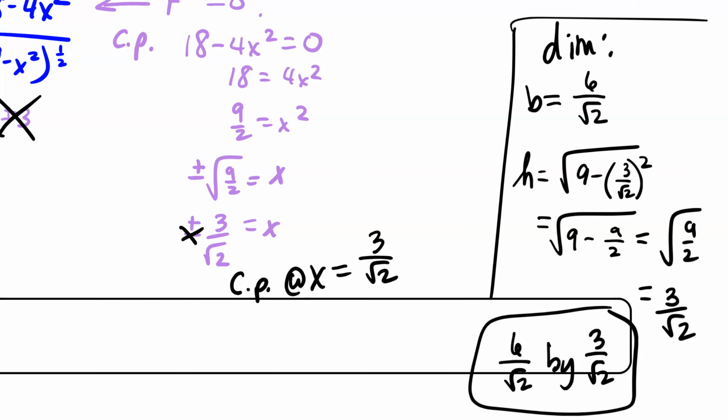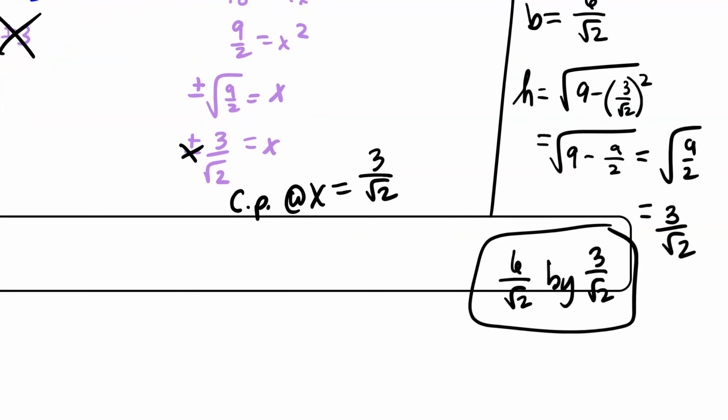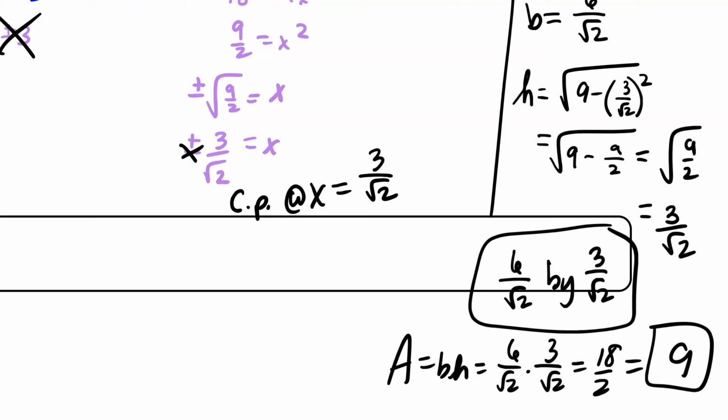These are the dimensions. And if we want to find the area, because what is the largest area? Area is base times height, so 6 over root 2 times 3 over root 2, 18 over 2, which is 9. Wonderful.